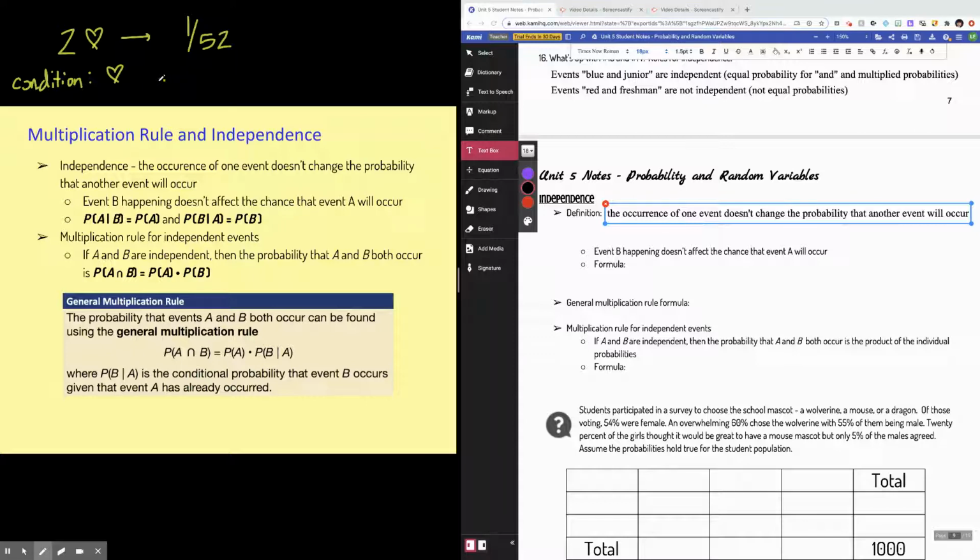And then I ask you, what's the probability that that card is a two of hearts? Well, if I already know that the card is a heart, rather than dividing by 52 here, I'm going to divide by 13 because there's only 13 hearts. So me adding this extra condition changed the probability. So these two events are not independent.